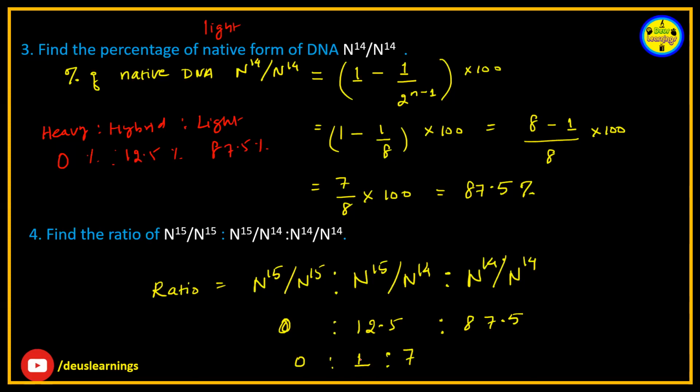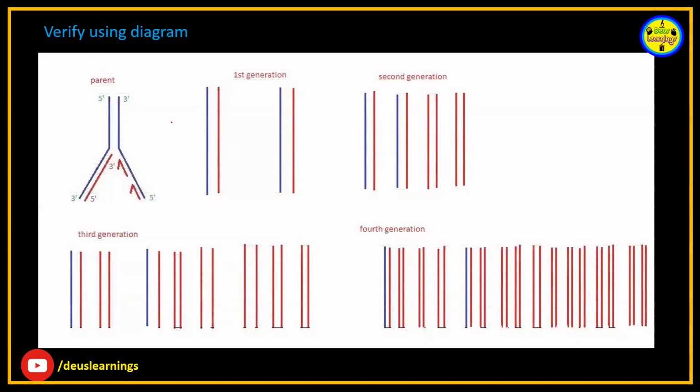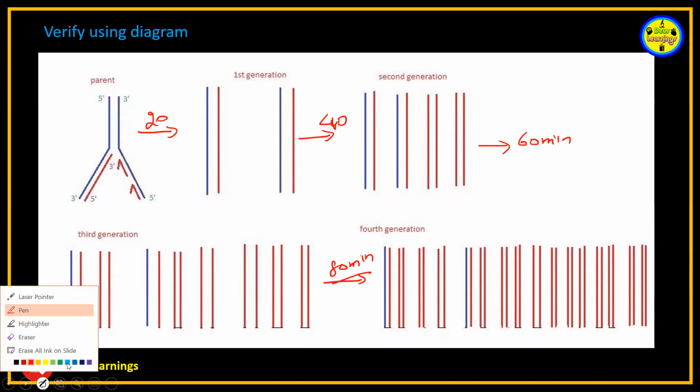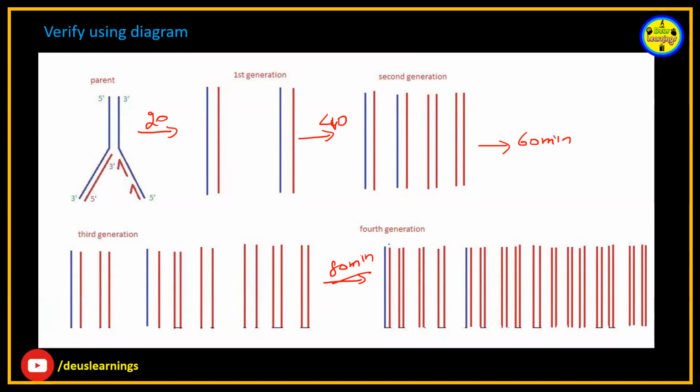The same thing, if you want to try it in a diagrammatic way, you can try. Okay, so this is the parental one, and then 20 minutes, then 40 minutes, then 60 minutes, and then 80 minutes. Okay, so here the hybrid one, I will use a different color to denote them. So the hybrid ones, this is 1 and 2, so there are 2 hybrids.